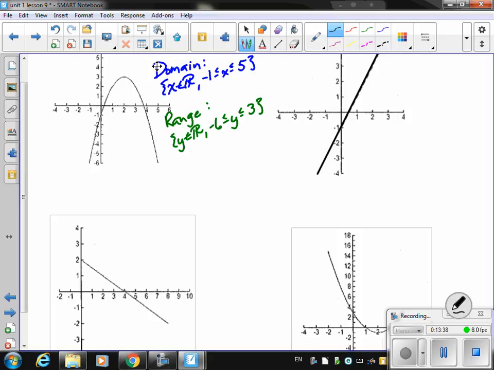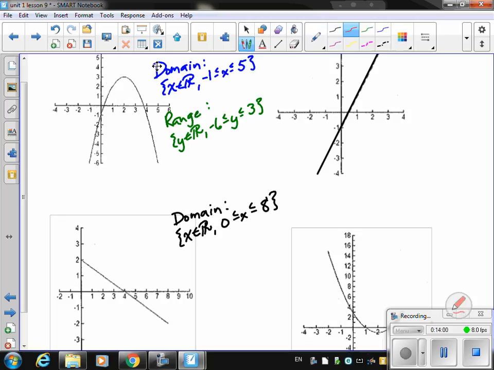The one directly below it, it's a line segment. It does not go forever left and right, but x is a real number. It's not just dots. The furthest to the left is 0, and the furthest to the right is 8. So x lies between 0 and 8.